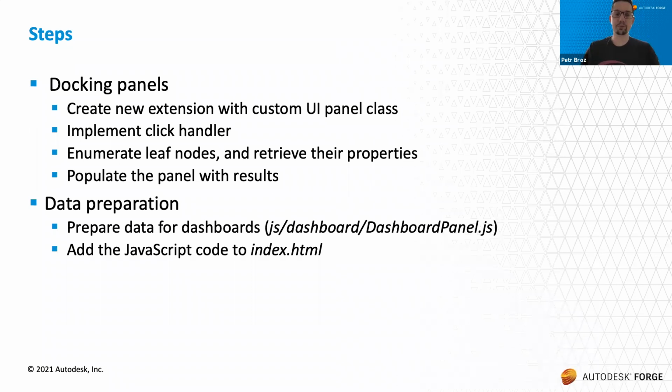For that panel, we're going to use the viewer APIs to extract the properties from our model, and to calculate some sort of a histogram or summary of how many objects have a certain property set to a certain value. I'll explain what I mean by that in just a second.